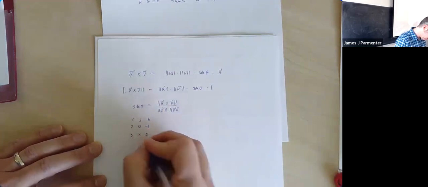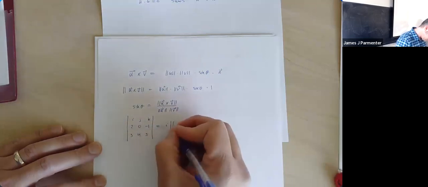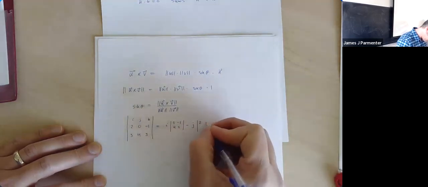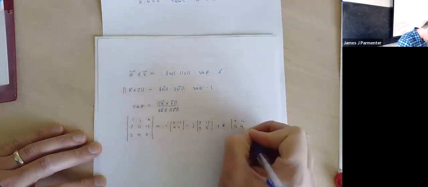We take the cross product of u and v. We're going to get i times, minus j times, plus k times 2, 0, 3, 4. Sorry, I'm not messing all the words.